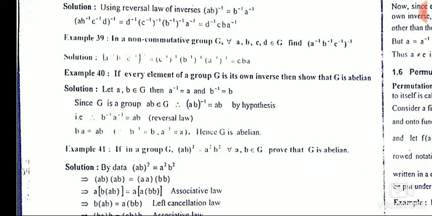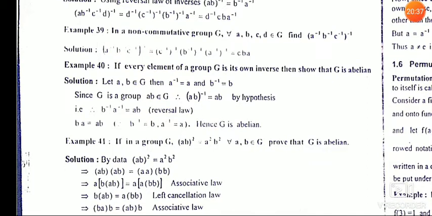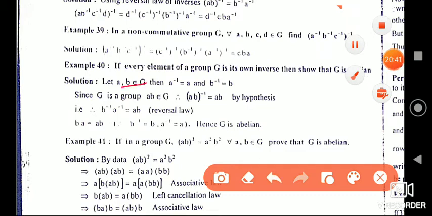What is that? We have to show that G is a commutative group, or that the commutative property holds here. So we will start proving. Let's say two elements are there: one is A and one more is B belonging to G. Then by the statement, A inverse is equal to A and B inverse is equal to B. Since G is a group, it has the closure property.